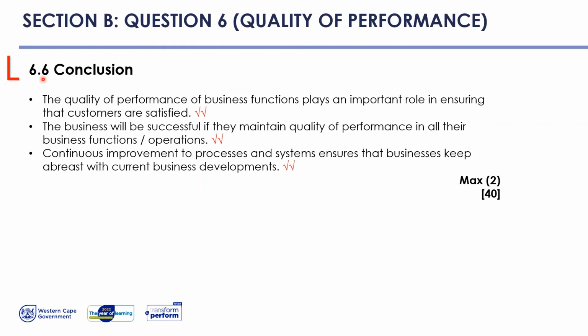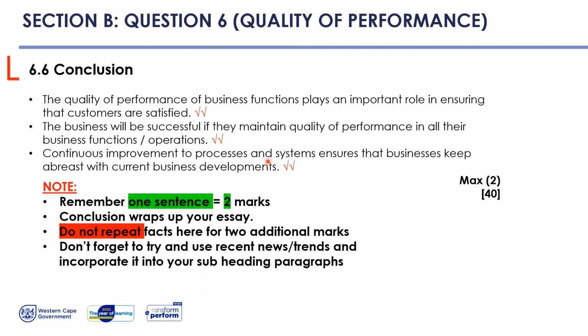That L will be indicated when we see the word conclusion and also see some content underneath it. Remember here, it is a conclusion, so you only need one sentence and you will be awarded 2 marks at the end of the sentence if the information has not been repeated. A conclusion is worth 2 marks, and that is the maximum amount that we can indicate for a conclusion.